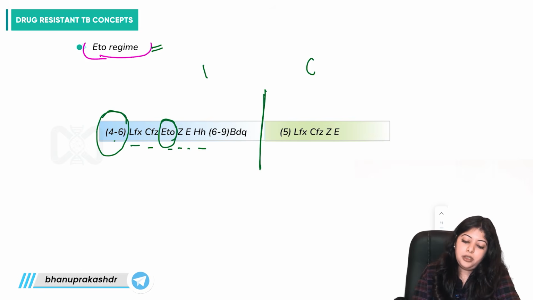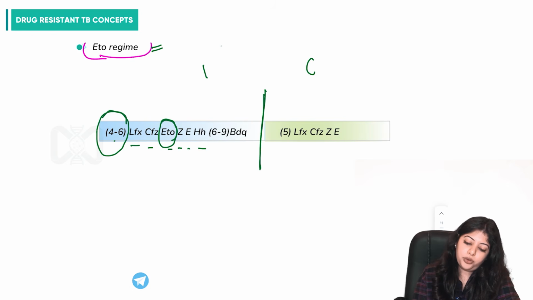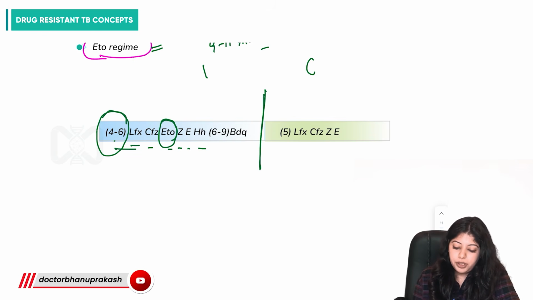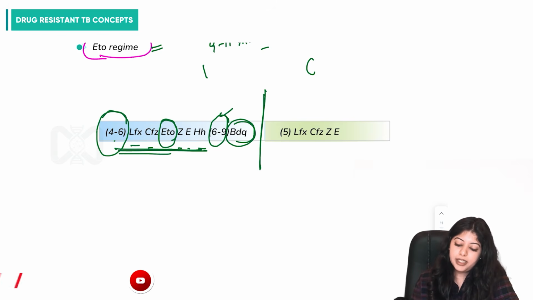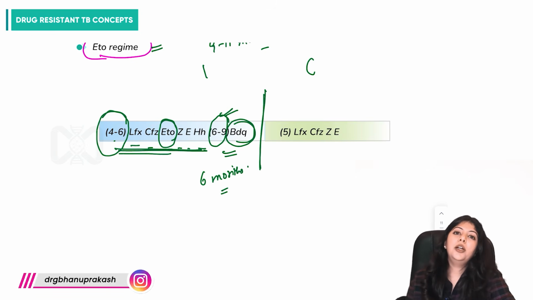This is the shorter regime itself, 9 to 11 months. These particular drugs are given for 4 to 6 months, whereas the last drug, bedaquiline, is mostly given for 6 months, which can be extended to 9 months based on the prognosis or progression of the disease.